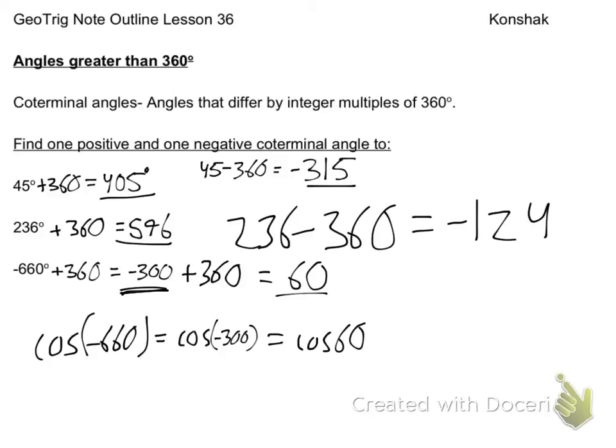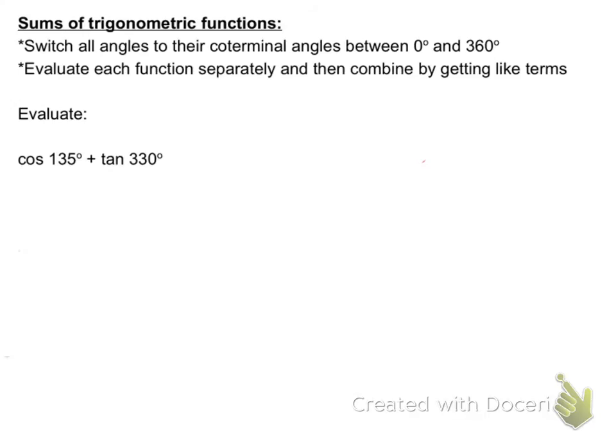So we can also break everything down to its reference angles. I don't necessarily like to leave it in terms of negative 300. We could go on the unit circle, find negative 300, and put its value down. But I like to say it's definitely cosine of 60, because that would also be its reference. So let's talk about that.